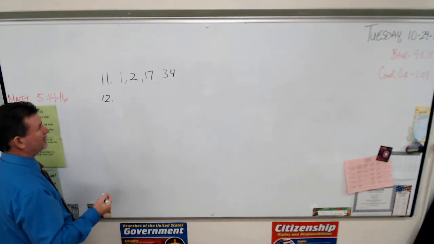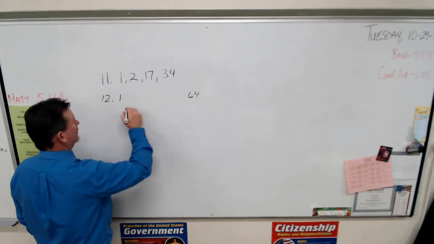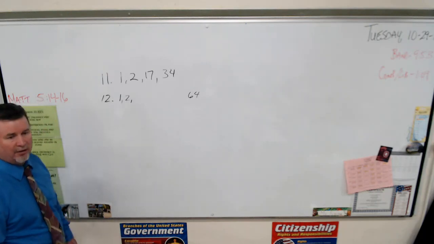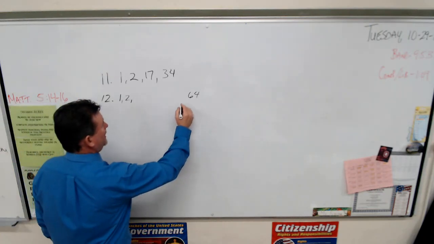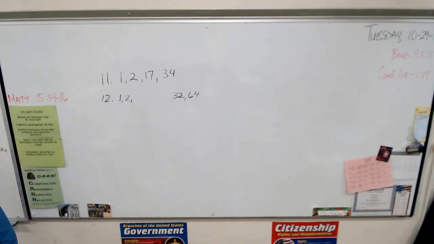Number 12. What's the number? 64. I think there's going to be a lot, so I'm going to spread it out a little bit. 1, 64. Does 2 go into 64? Yeah, it's even. How many times 2 go into 64? 32. Does 3 go into 64? No. 6 plus 4 is 10. No. Does 4 go into 64? That's a tough one. Let me think. 4 into 64.